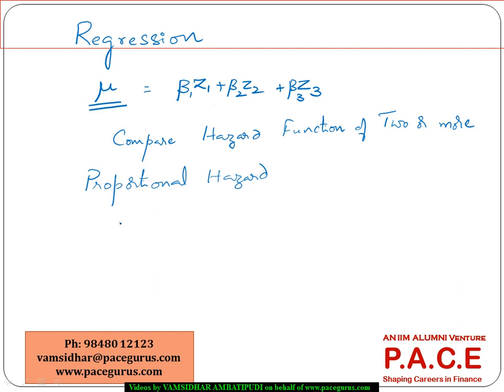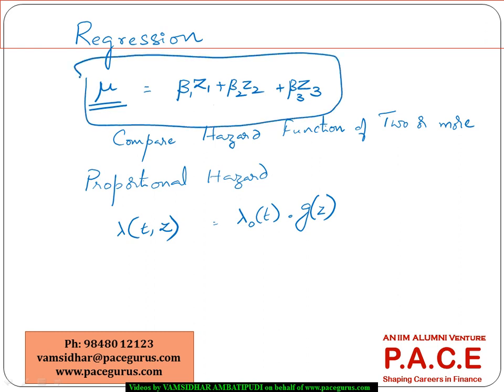I am talking about the hazard rate at time t based on a set of covariates z. What we are saying is, I'll take the baseline hazard at time t, meaning no covariates present, all covariates are zeros, and I take this covariate part as a function of z's.